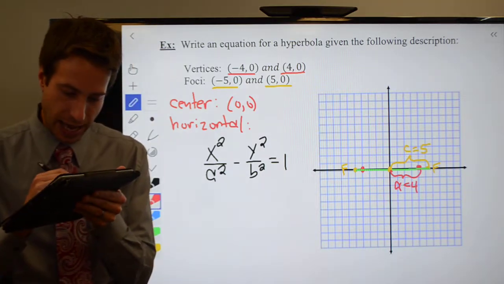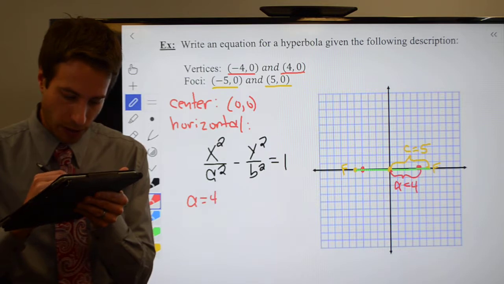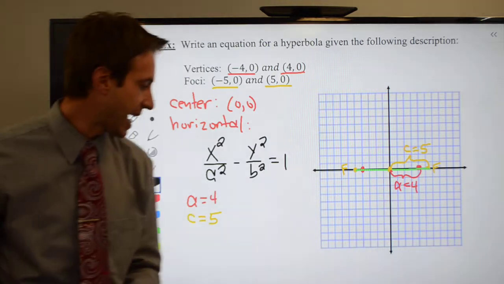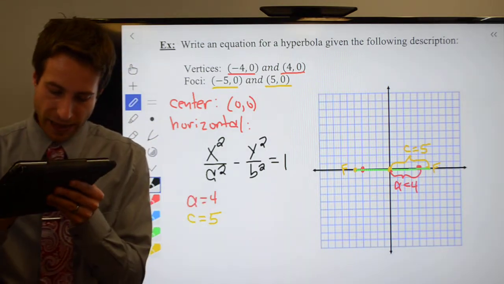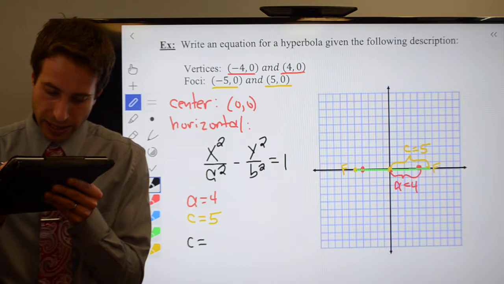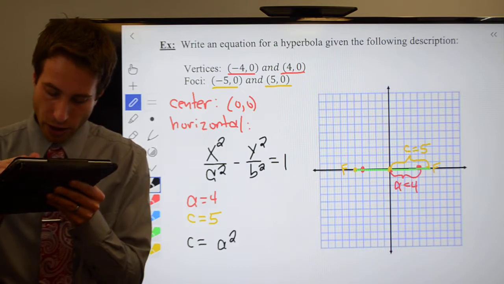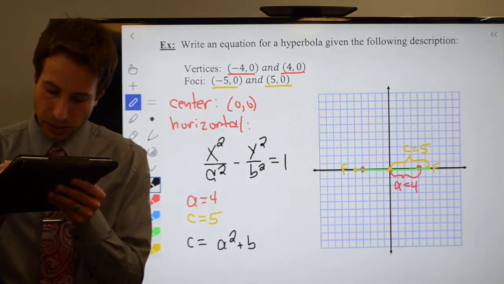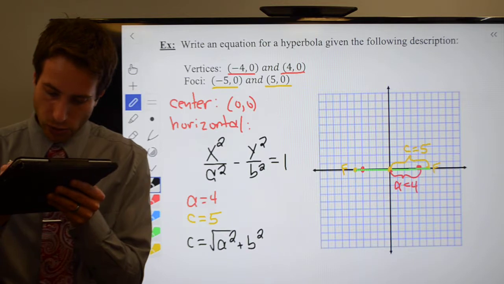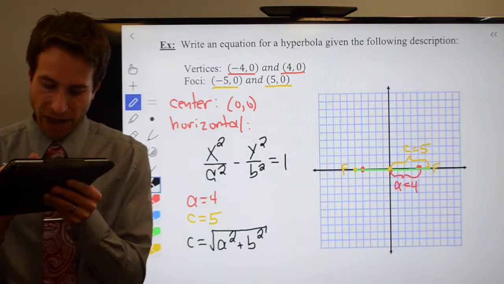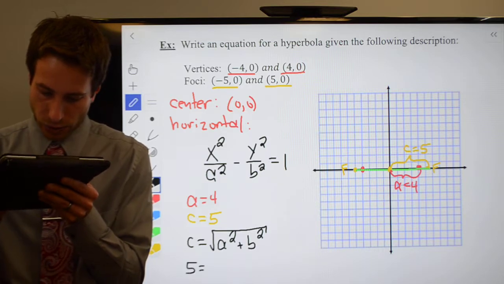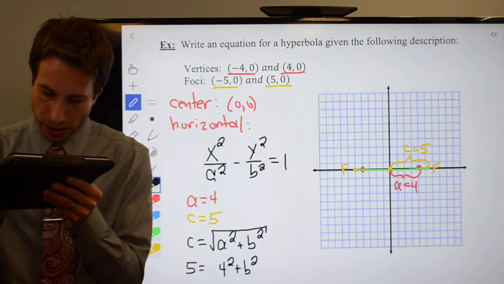So I know that a is equal to 4, c is equal to 5, and I got that handy dandy little Pythagorean theorem right there on the formula sheet that tells you that c squared is equal to a squared plus b squared. Well, here we go. C is 5, so 5 squared is equal to 4 squared plus b squared.